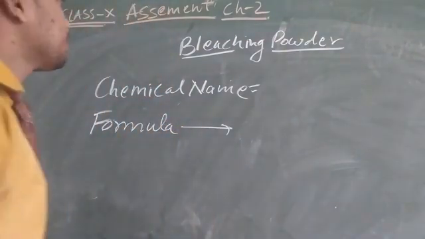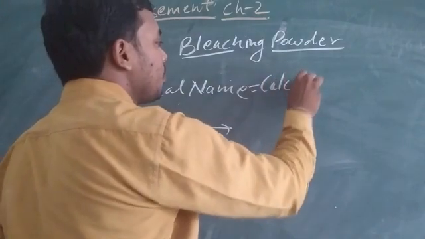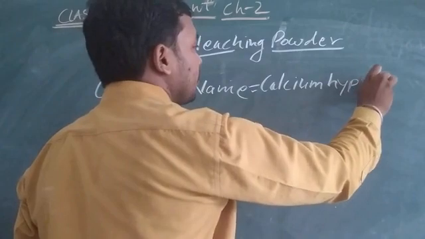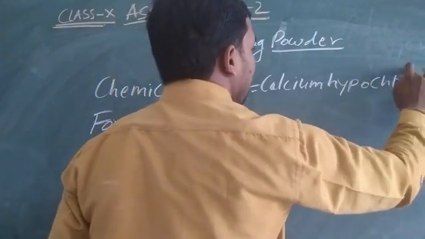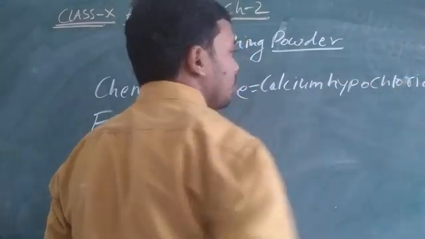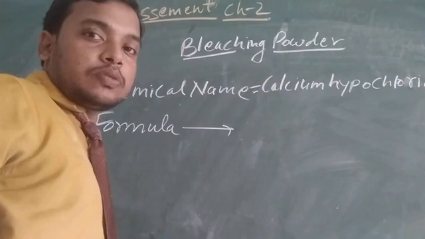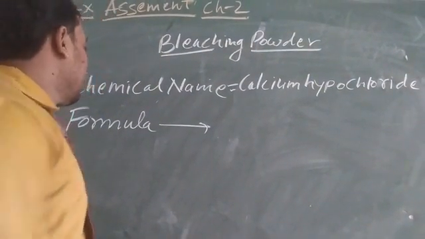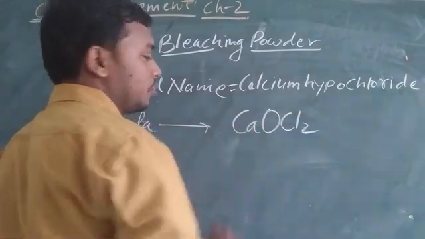Chemical name, that is calcium chloride hypochlorite. Now formula, that is CaOCl2.